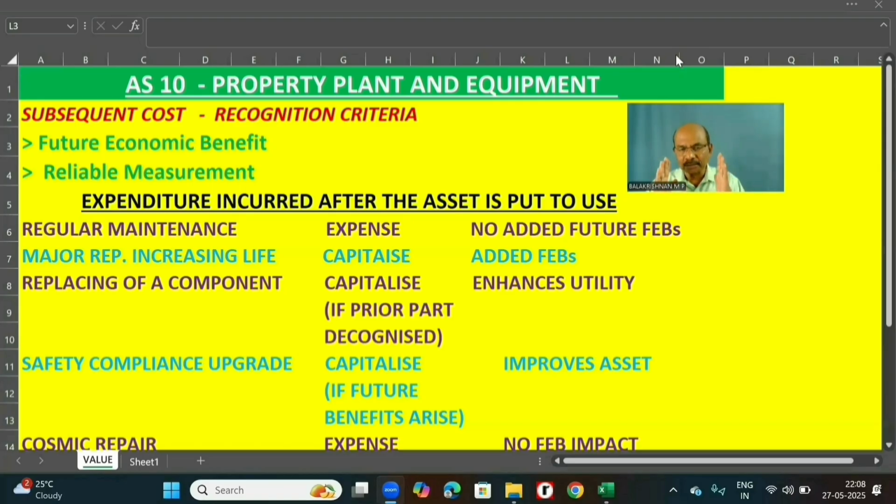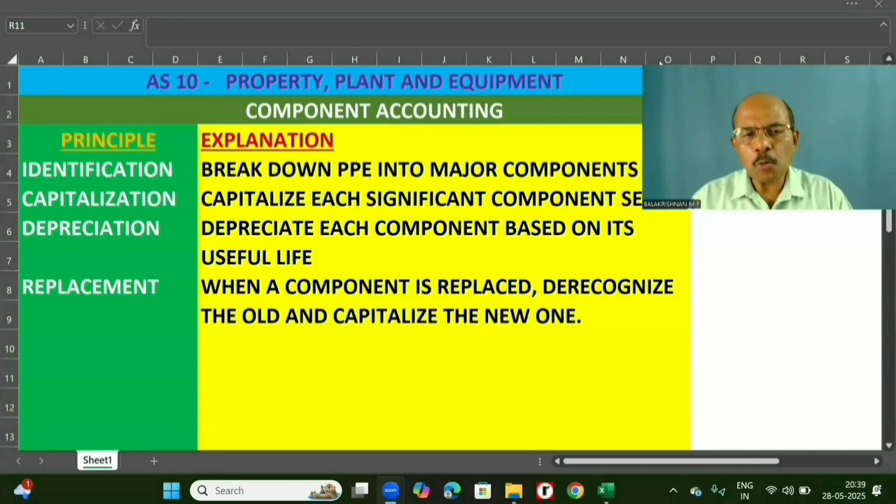When in doubt, just ask, does this cost enhance the future economic benefit, that is FEB, or is it just to maintain the asset? And decide accordingly. Next is component accounting. AS10 mandates component accounting, which is particularly relevant where parts of an asset have different useful lives or patterns of benefits.